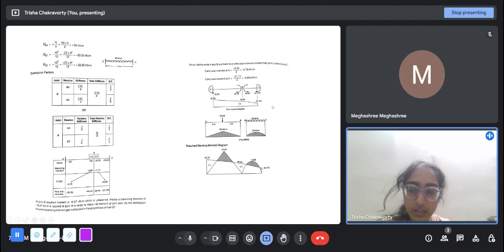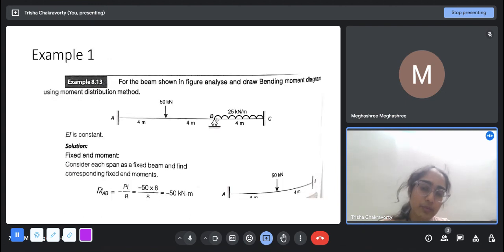So we can simply draw the bending moment diagram, and this is for the moments generated in the structure. Apart from that, you also have to draw the BMD for the applied loads. Just forget about all the fixed moments, just treat them as simply supported spans. The bending moment diagram will be a superimposition of the moments we have found out and the given loading, where we treat the spans AB and BC as simply supported.